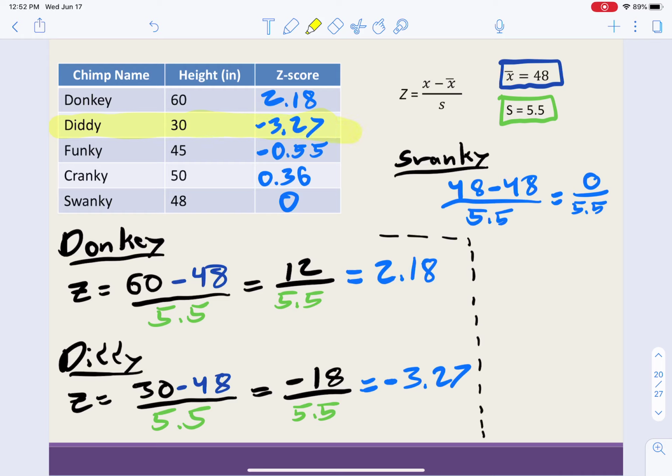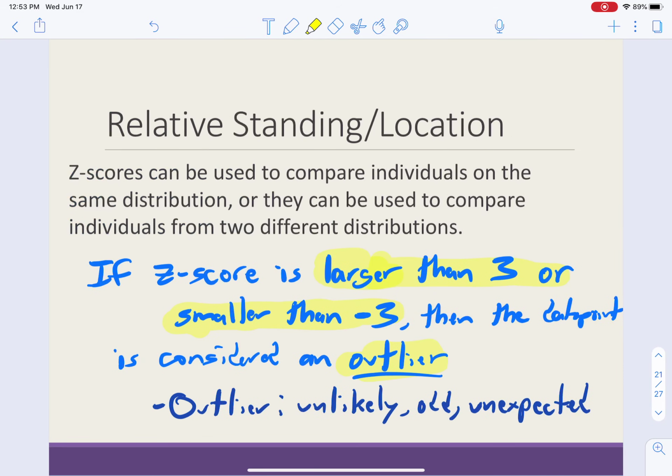What about Funky? Funky is within the range, so that's good. Cranky and Swanky, they're also good, right? So our only outlier here is Diddy Kong. He is by just barely, by 0.27, considered an outlier, which is fine. Still an outlier nonetheless, at -3.27 standard deviations below the mean.